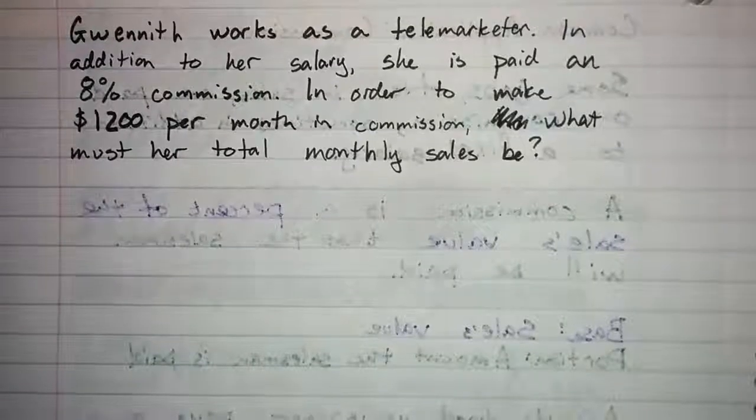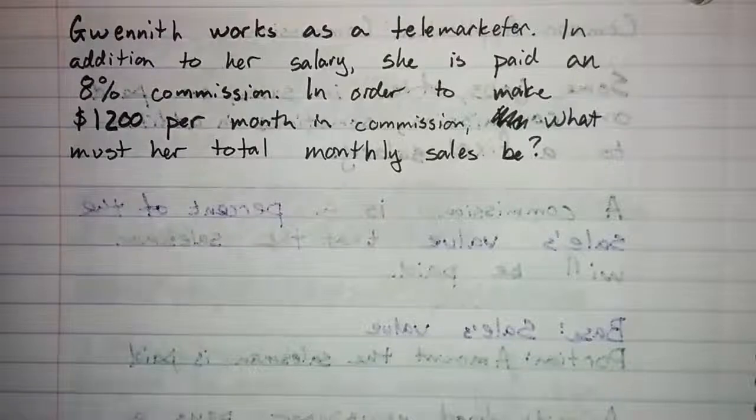Let me give you one of these to try. Suppose that Gwyneth works as a telemarketer. In addition to her salary, she's paid an 8% commission. In order to make $1,200 per month in commission, what must her total monthly sales be? Pause the video and try this now.